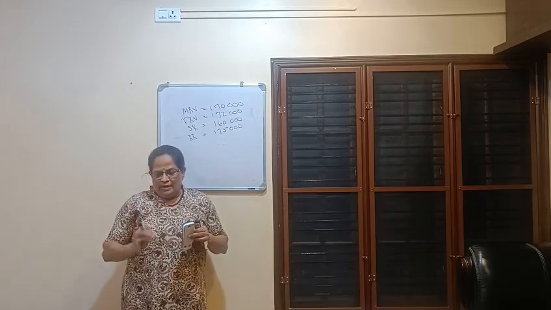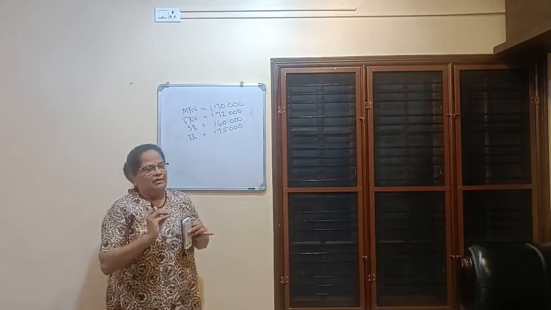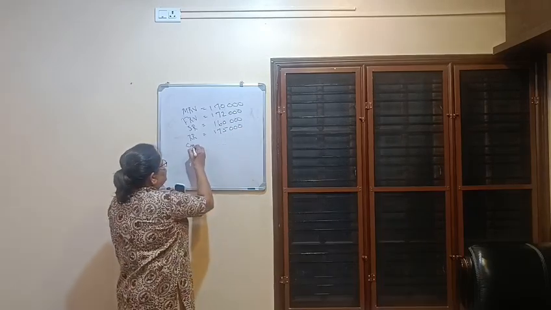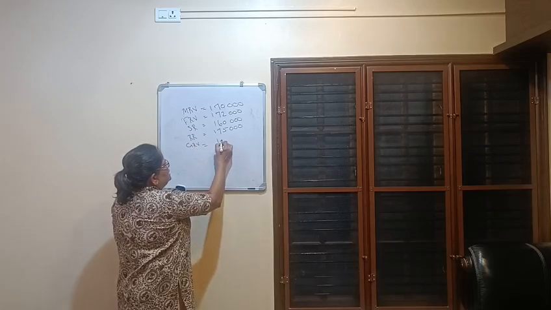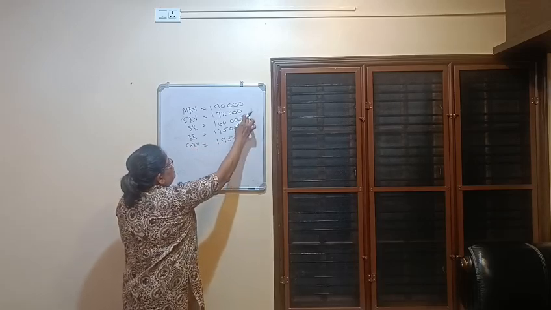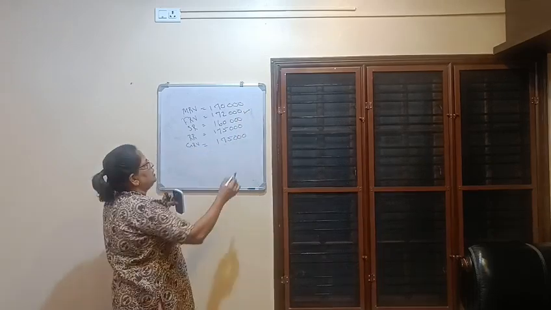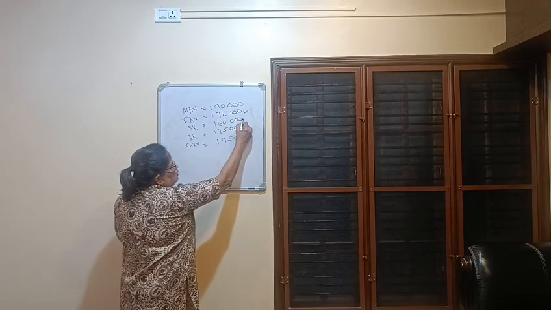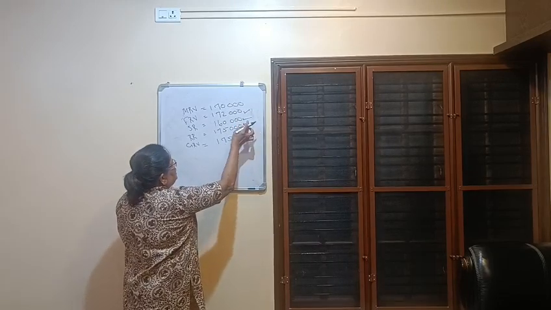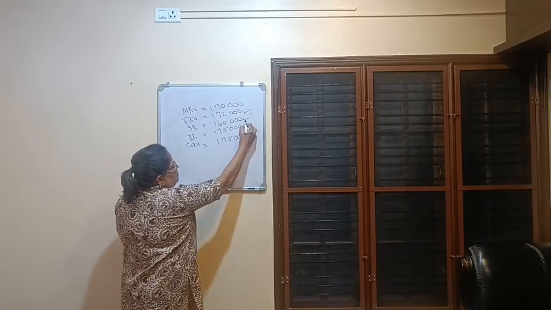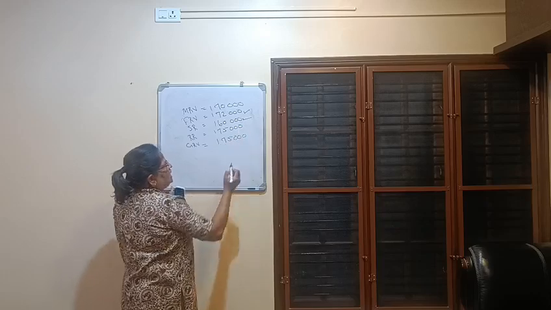Now annual rental value is the higher value. So this will be the gross annual value, 1,75,000. Because between these two values, whichever is higher, 1,72,000 we have taken. Between these two, whichever is lower, we will take 1,60,000. When real rent is there, you have to compare this value with this, whichever is higher we will take.